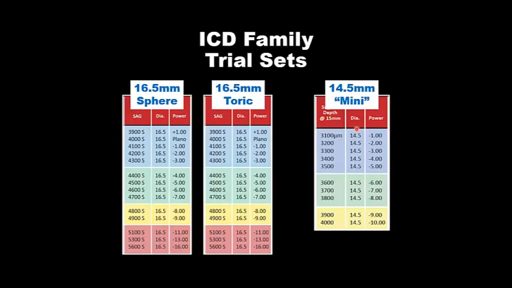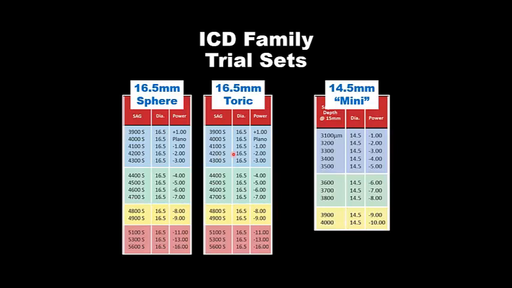The principal one that you'll likely want is the 16.5 lens, and you'll notice there's 14 lenses in the standard set. There's also a toric lens that's also a 16.5. It mirrors the symmetrical. So for instance, if you put on a 4200 sphere and you want to fit the patient with a toric or need to fit the patient with a toric, you put on the 4200 toric trial.